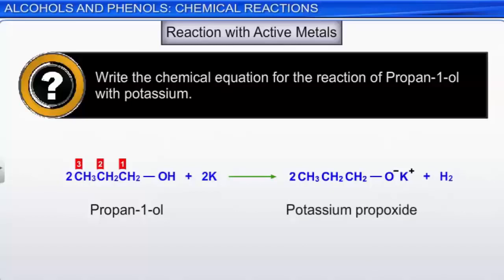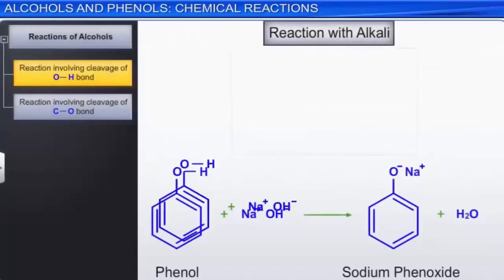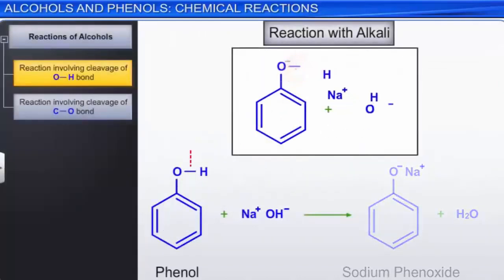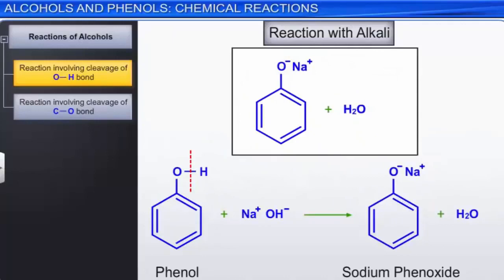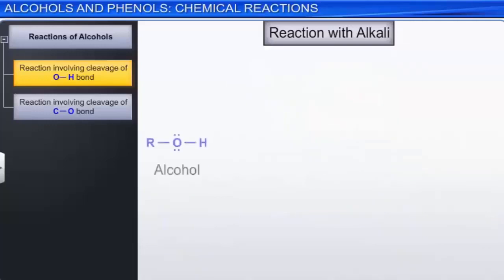Phenols react with aqueous sodium hydroxide to form sodium phenoxides. Water is a byproduct of the reaction. Note that alcohols do not react with aqueous sodium hydroxide because they do not have enough acidity.